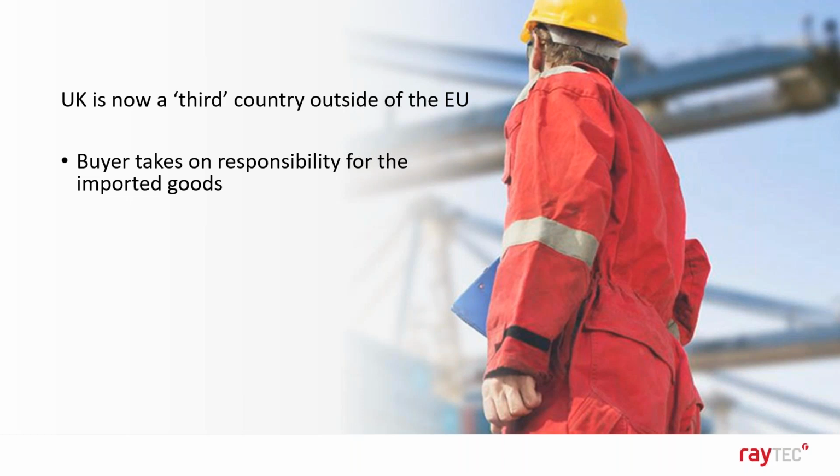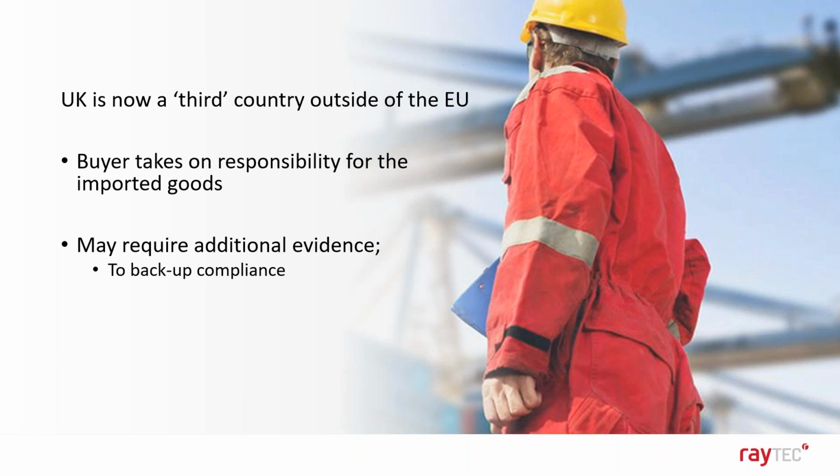The extra responsibilities include verifying that the manufacturer has taken the necessary steps to allow the product to be placed on the EU market, that the product complies with all the conformity requirements and is correctly marked, and that all the technical documentation is in place to be able to back up the EU Declaration of Conformity. This additional technical data may be required for customs clearance into the EU.